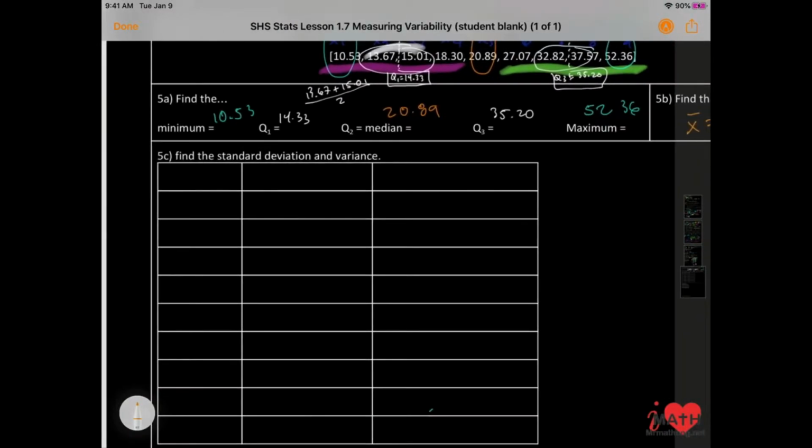Okay, so let's put in all our numbers here. We're going to take all of our numbers. You can write them down if you want. There are 9 numbers in the list. And those numbers are 1053, 1367, 1501.